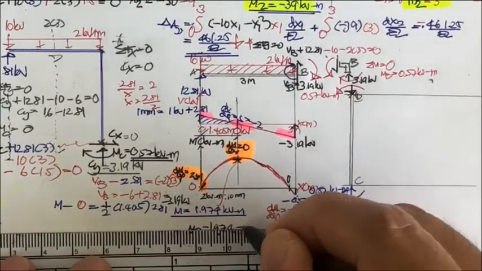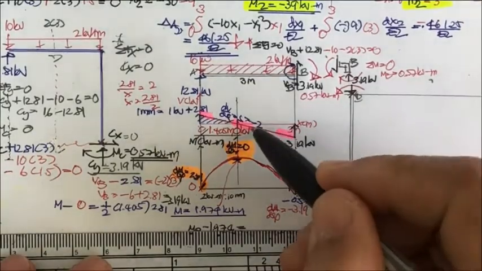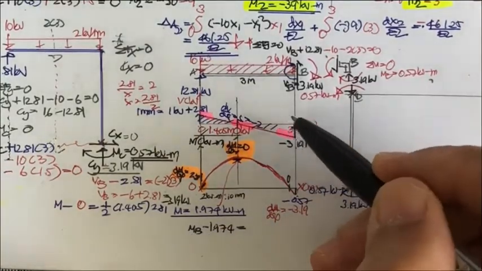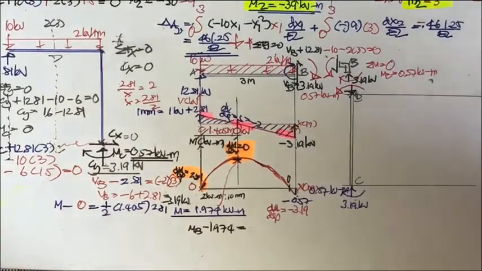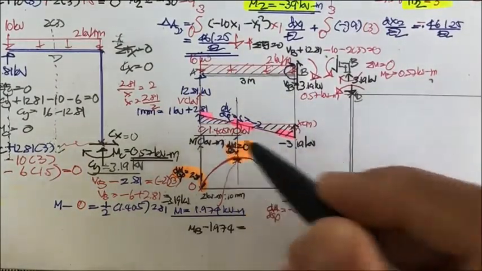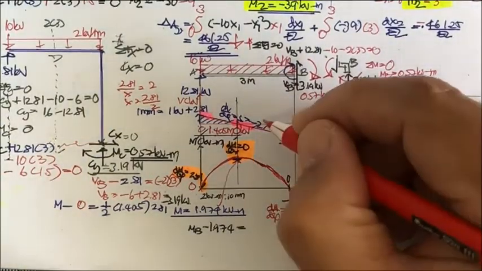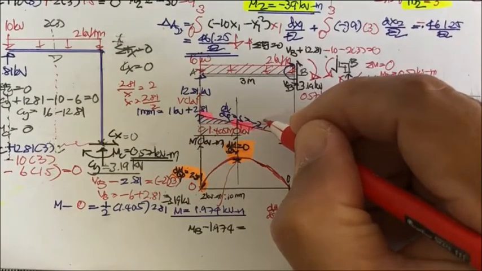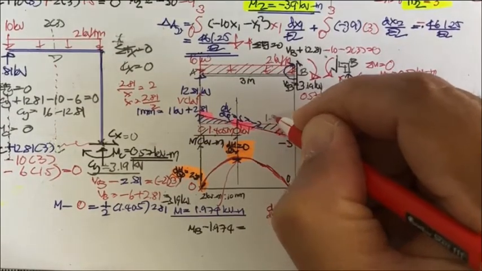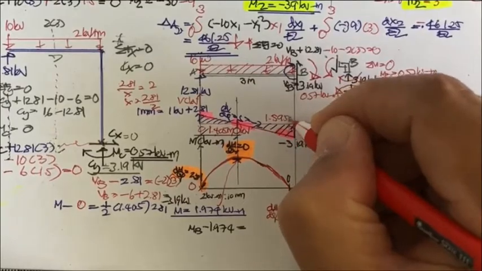And you may prove, if you don't know this, we may say M sub B here, minus 1.974, and then it's going to equal the area here. Since this one is 1.405, this one is 3 minus 1.405, which is going to be 1.595 meter.